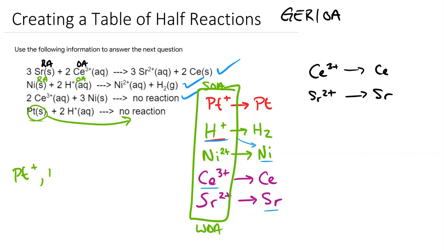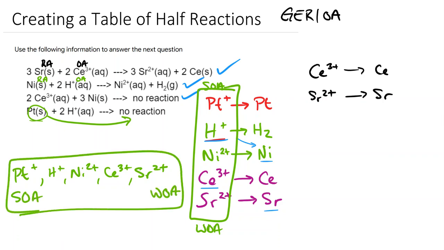And then H plus, and then nickel 2 plus, and then Ce 3 plus, and then Sr 2 plus. So that's our strongest oxidizing agent to weakest oxidizing agent. So that should be your answer, and in fact it's 2 plus, but you don't care because there's only one option. Hopefully that made sense.